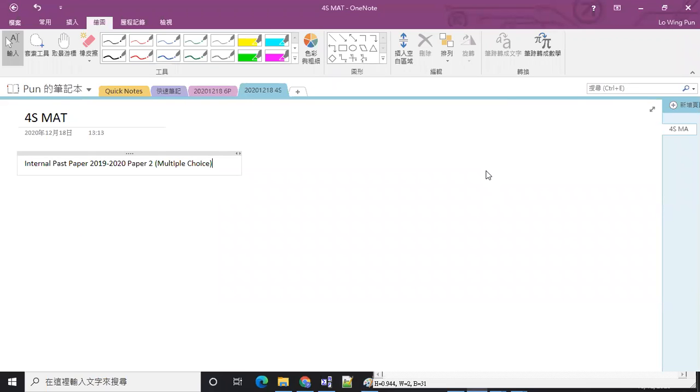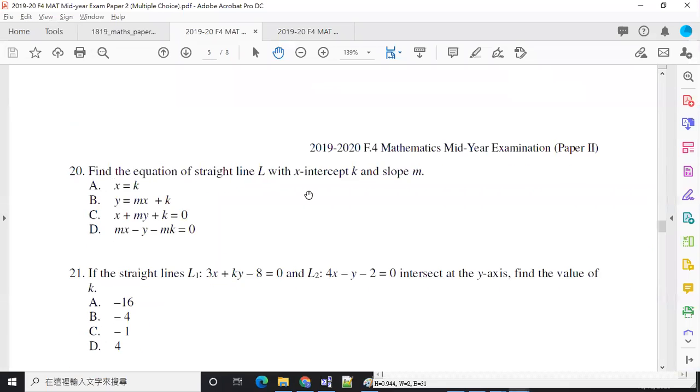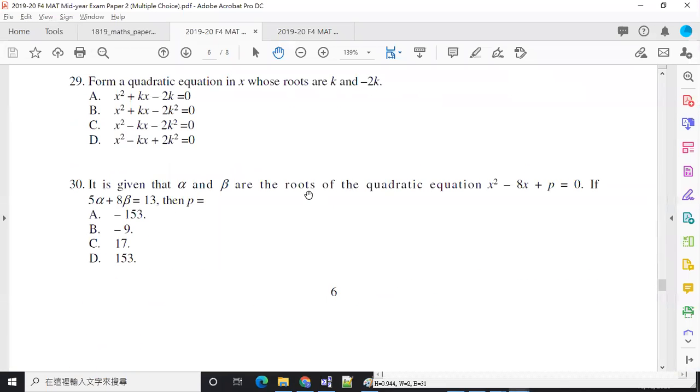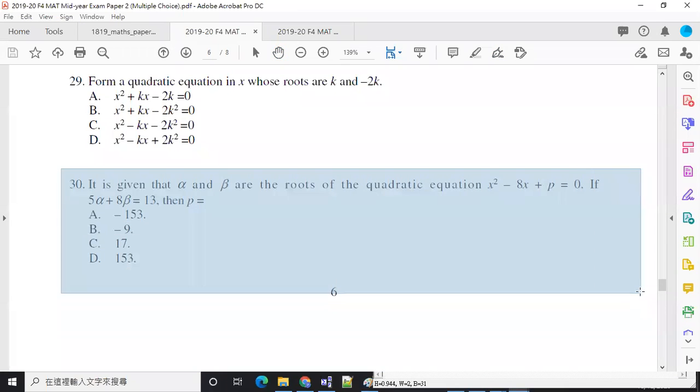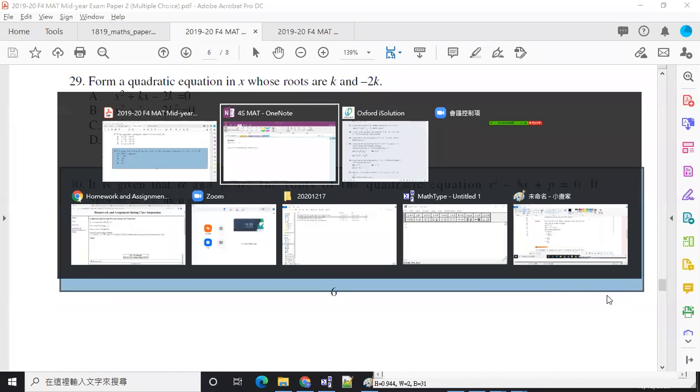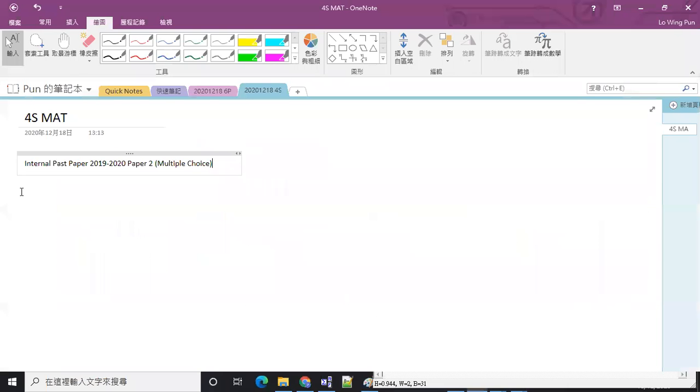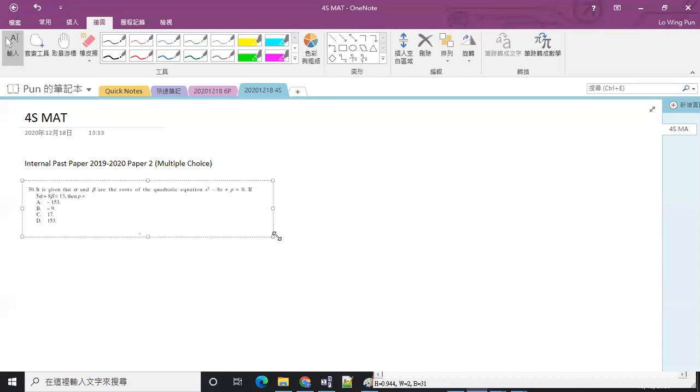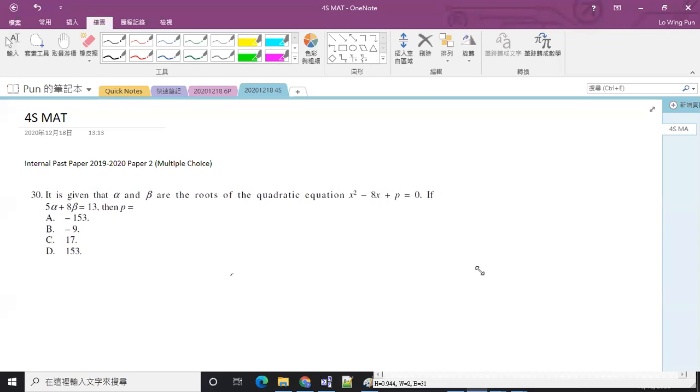Number 30. Okay. So number 30, it is given that alpha and beta are the roots of the quadratic equation 8x squared minus 8x plus p equals 0.